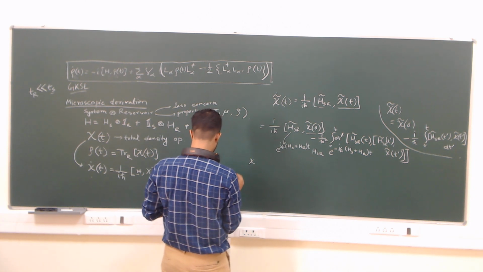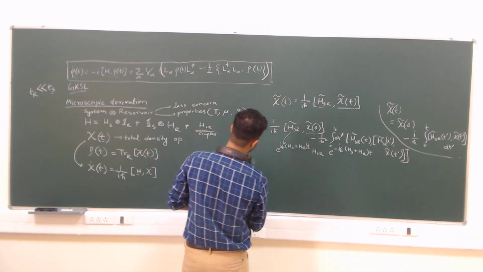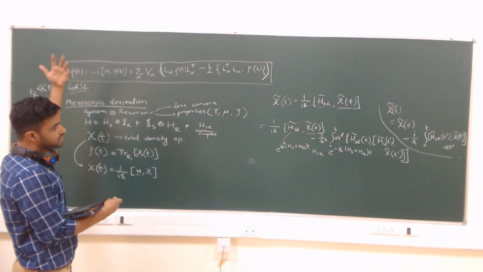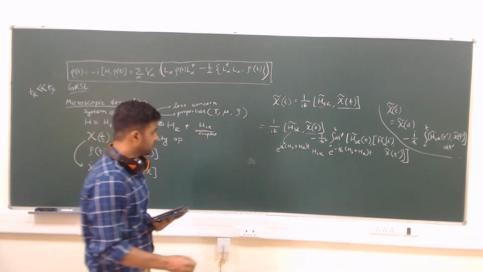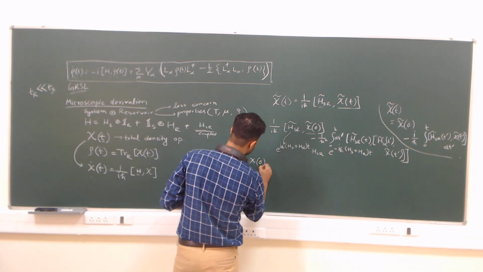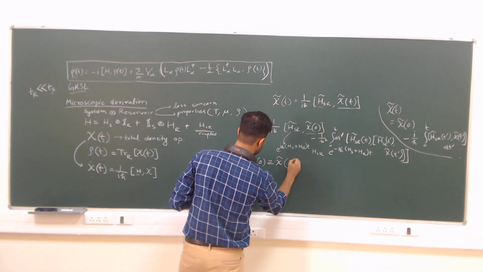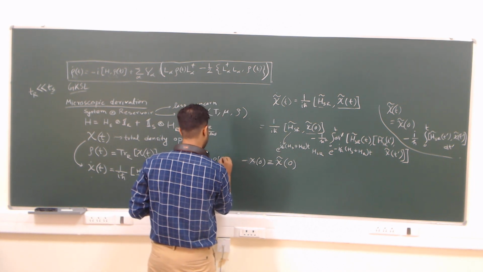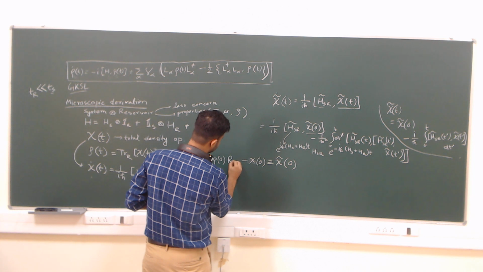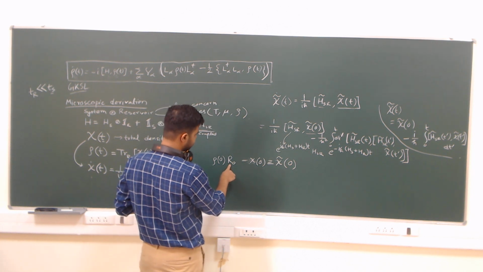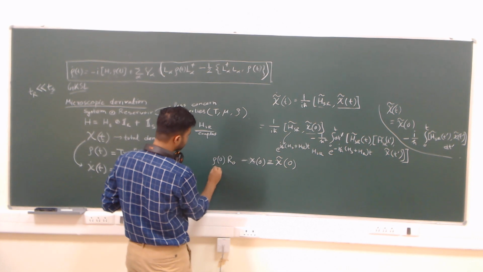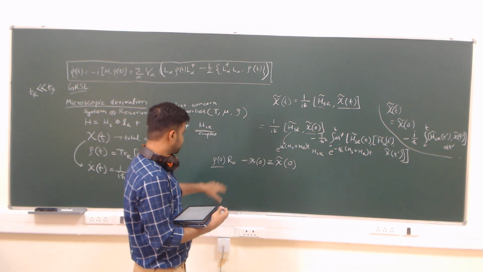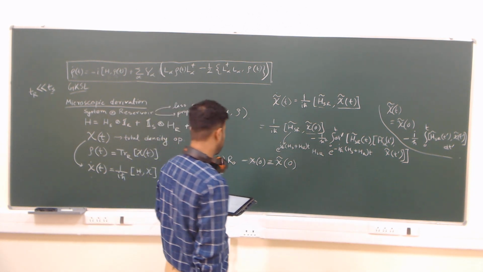Also remember that at time 0, the interaction picture and Schrodinger picture are the same. So chi0 is equal to chi tilde at 0, and let's say we write it as rho 0 times R0, where R0 is the bath density matrix at time 0 and rho 0, because we are going to focus on the time evolution of this. So let's note this as R0; we'll see how this helps us later.